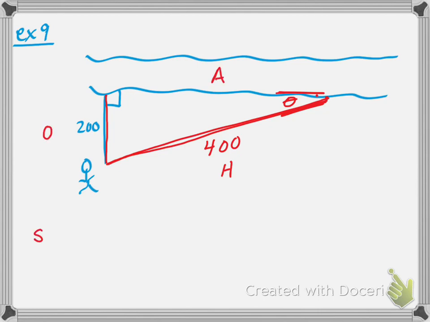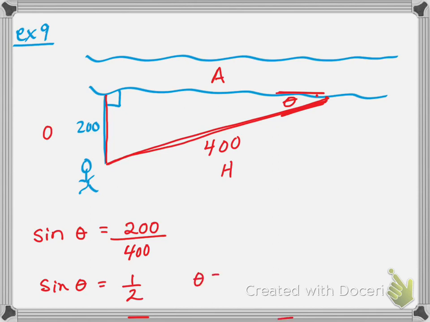We're dealing with O and H, which is sine. 200 over 400 is a half. And you can look on your unit circle to find the theta that has a sine value of a half. So you're looking for the y values that are a half. And you should get pi over 6, or 30 degrees.